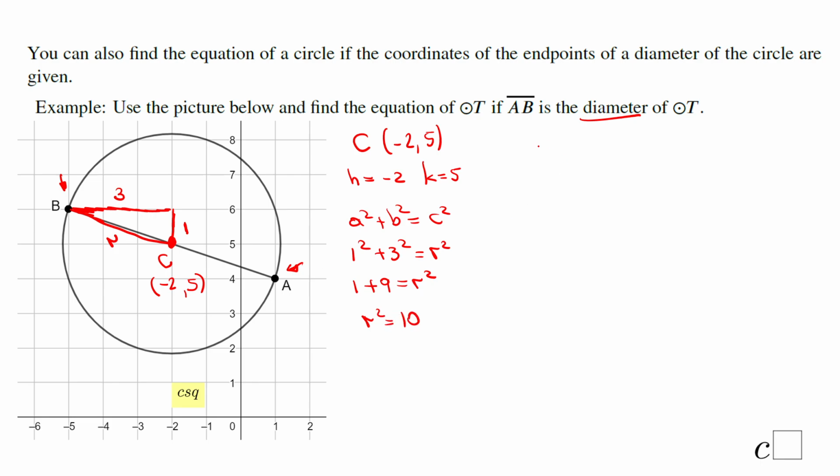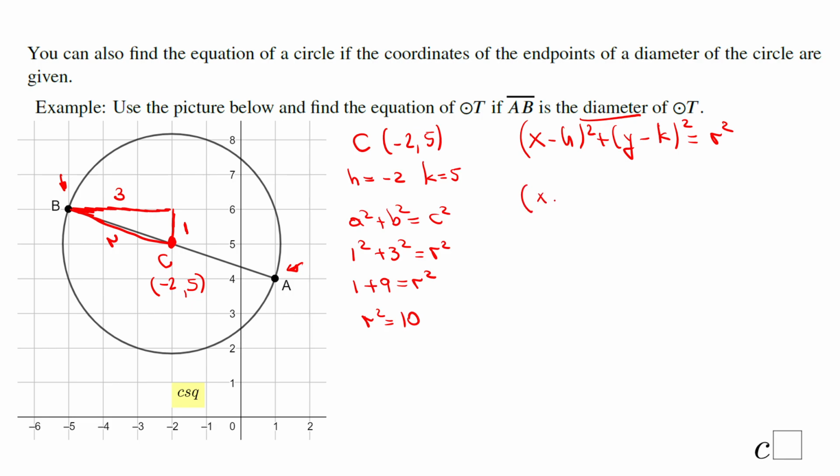And now we can go in that formula, x minus h squared plus y minus k squared equals radius squared. We're gonna go here and replace the information we have now.